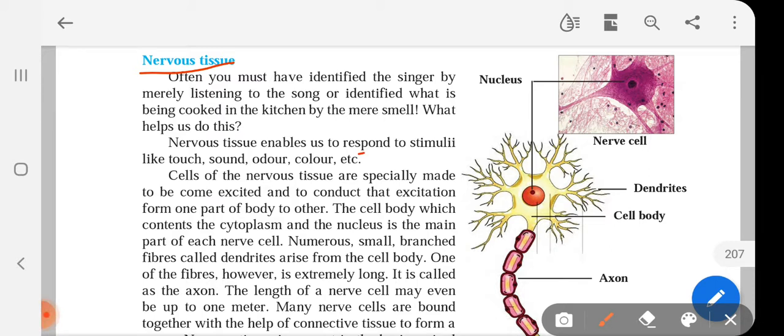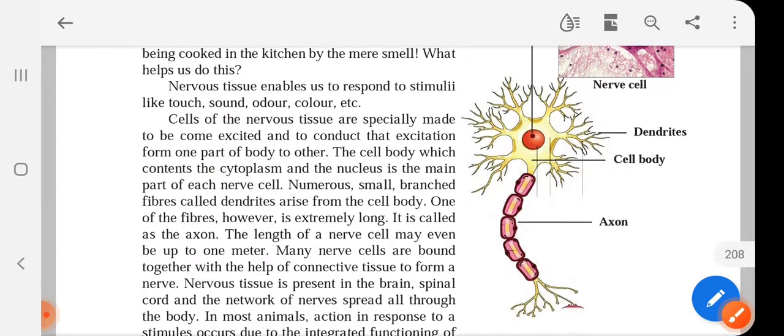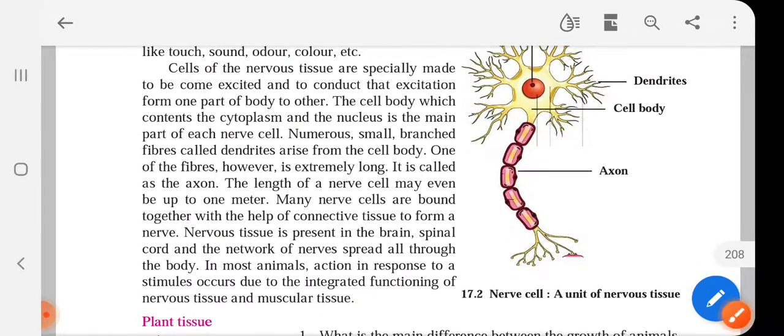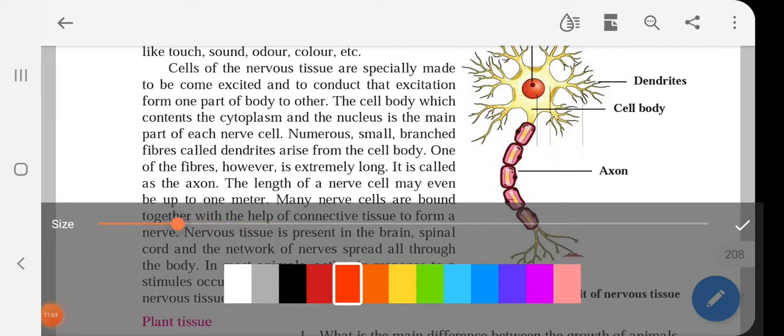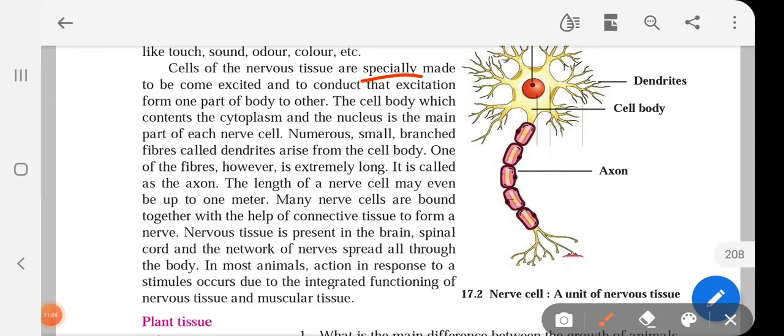Nervous tissue enables us to respond to stimuli like touch, sound, odor, color, etc. All this differentiation of color, feeling the touch, everything is carried out because of the neuron. The cells of the nervous tissue are specially made to become excited and to conduct the excitation from one part of the body to the other.